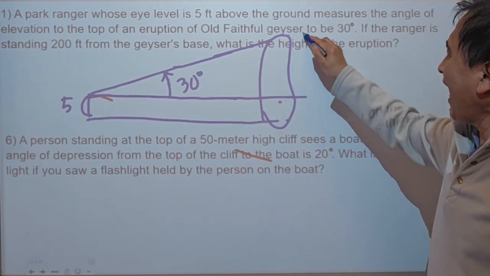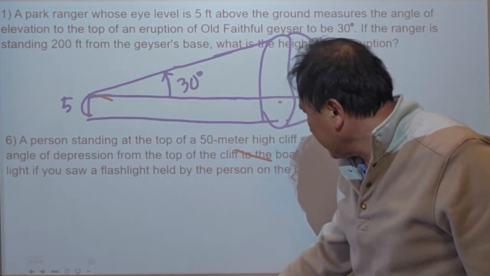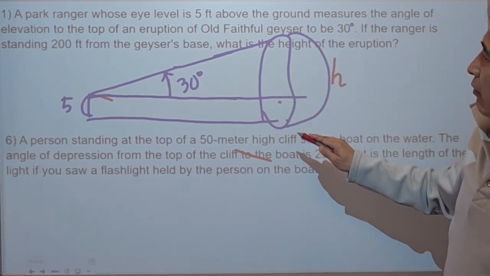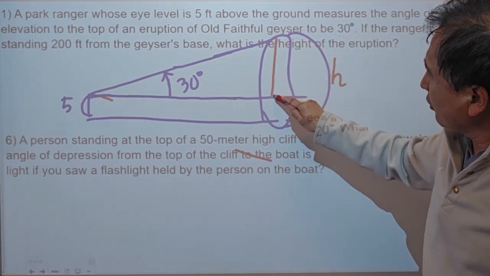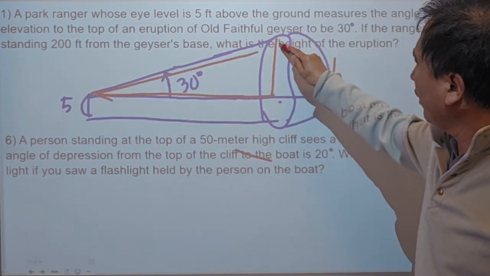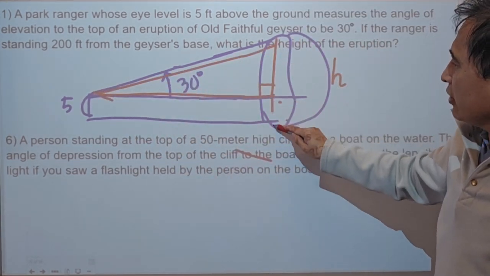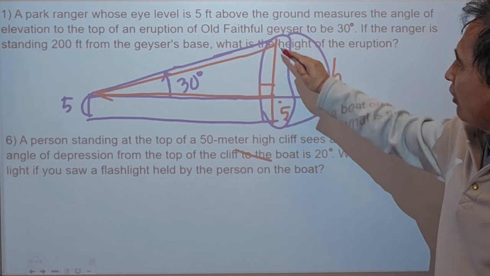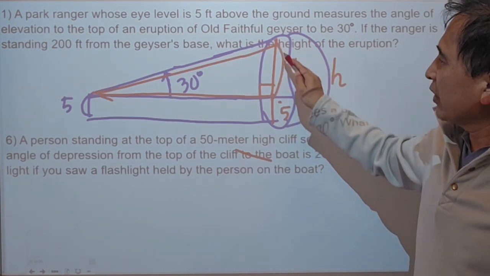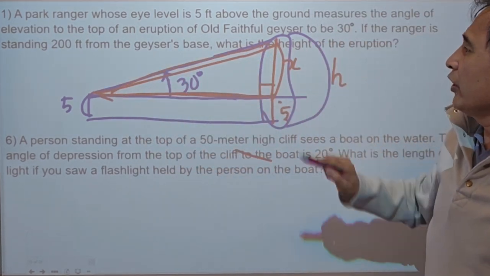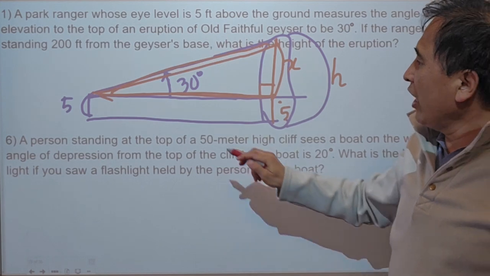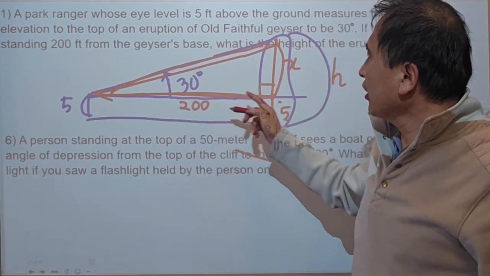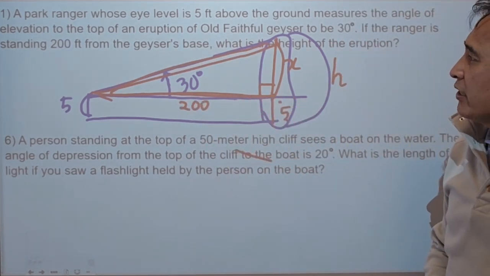They're asking for this height, but you cannot measure it directly. So here is a right triangle. This is the 5, so we can add 5 later, but this is, let's say, x, because this is a right triangle. And it says 200, from the geyser's base, right?